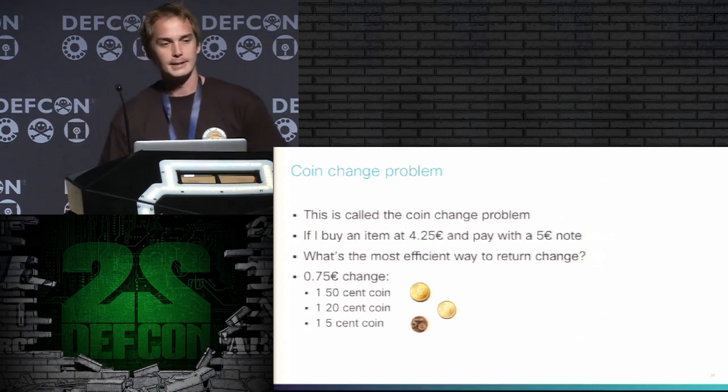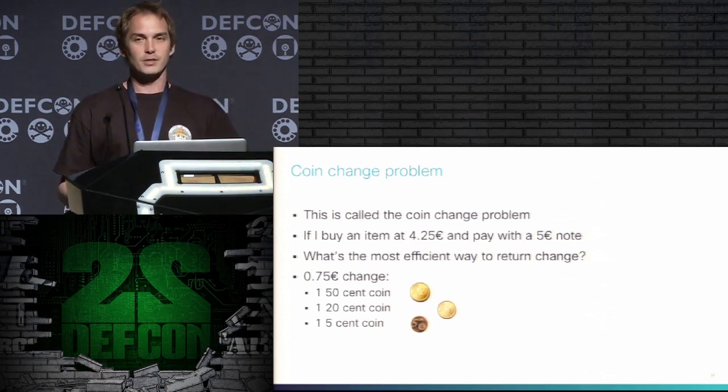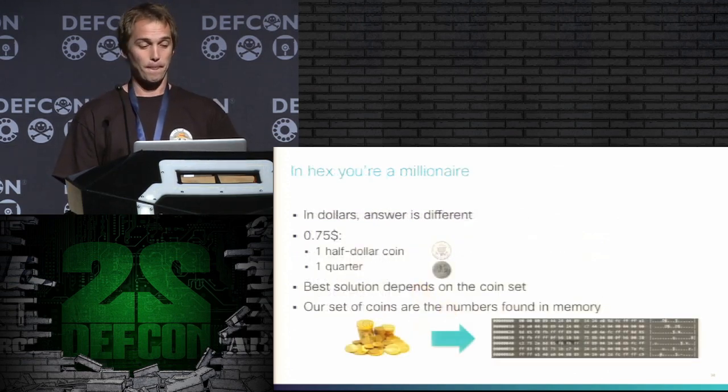What's the most efficient way to return change? That's something we know how to do easily. In Europe, we'd give back a 50-cent coin, a 20-cent coin, and a 5-cent coin. So the coin change problem is: what's the most efficient way of giving money back to someone who's paid for an item?